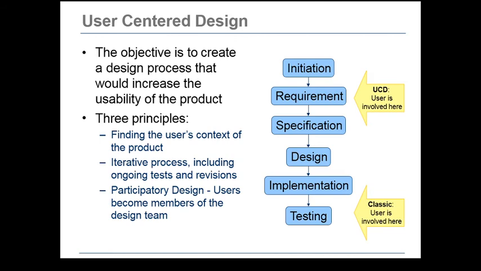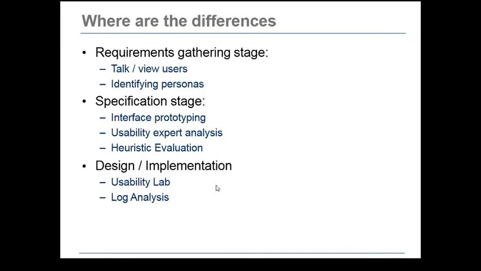So what are the three principles for that? Finding the user context of the product, an iterative process including ongoing tests and revisions, and participatory design, where the user becomes a member of the design team.